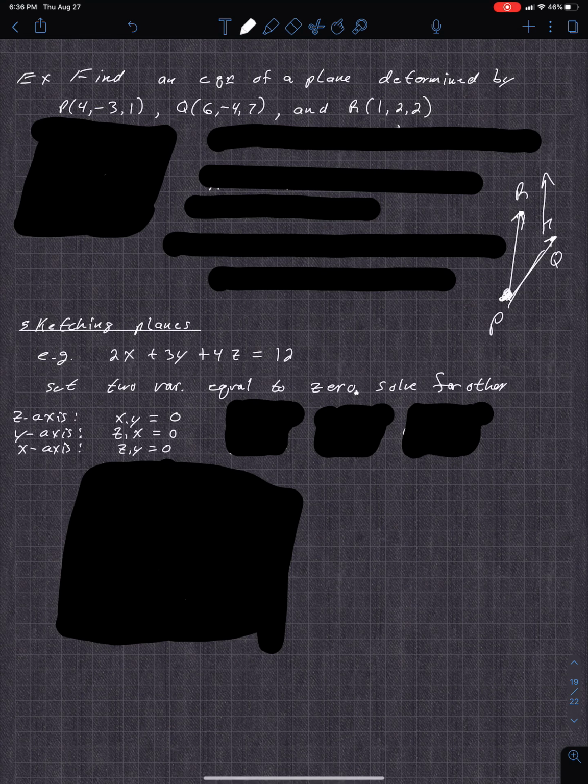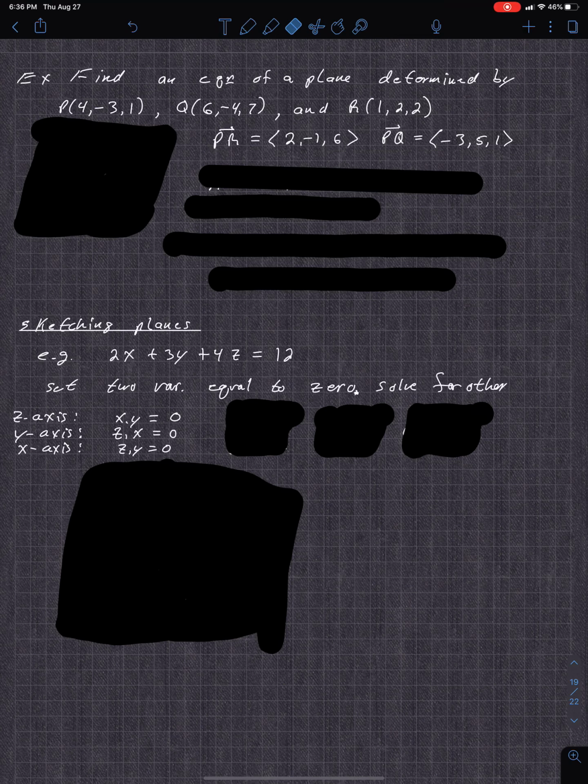You do the cross product. It doesn't matter whether the normal vector goes up or down. So you construct PQ, PR, and then cross them.